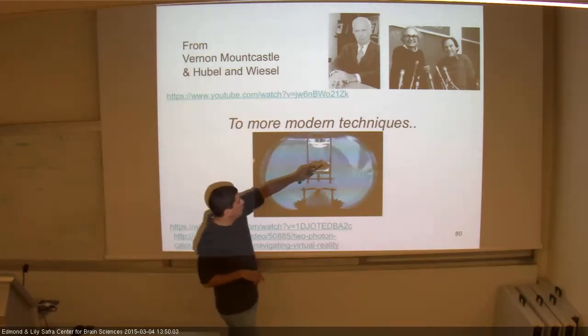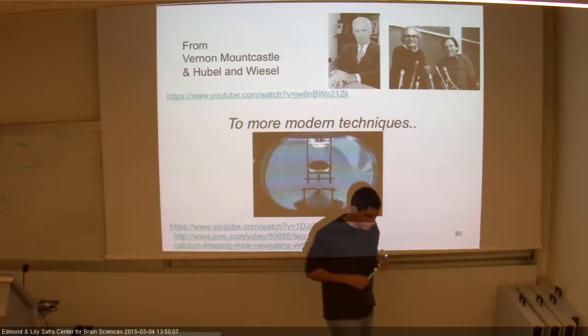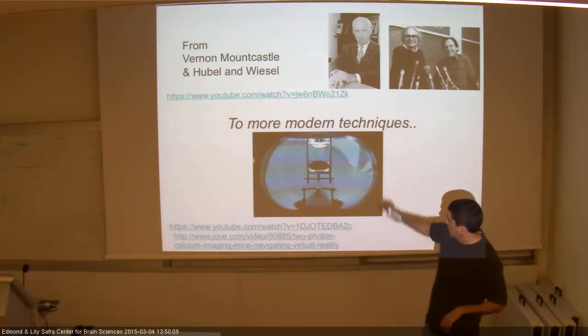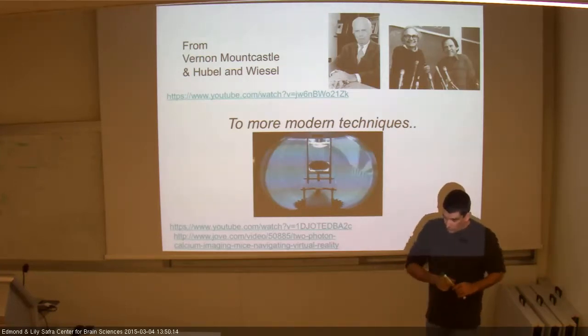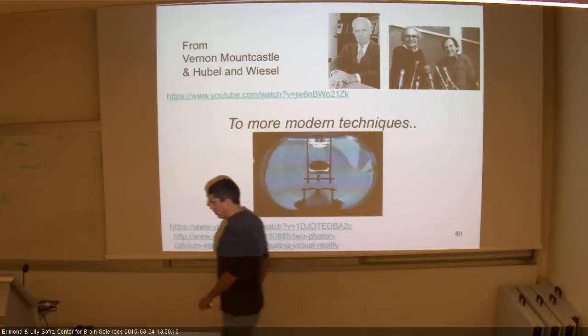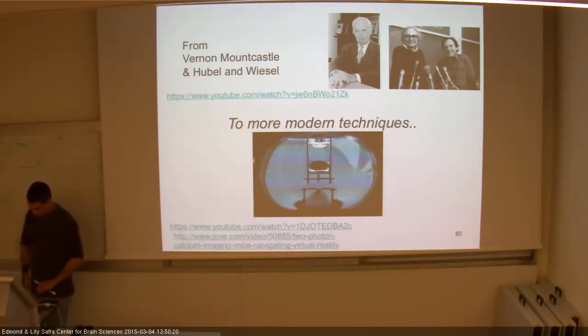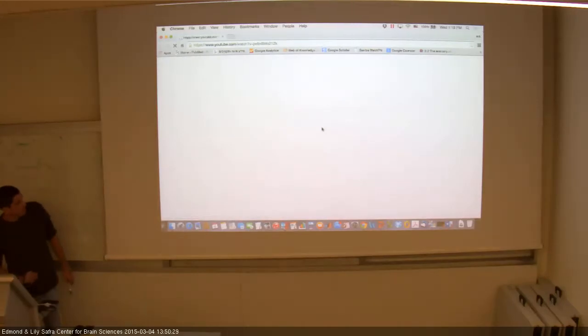Hubel and Wiesel followed in the footsteps of Mountcastle. They started doing experiments in the visual system, and this is classical stuff. In our series of classical papers, you will be requested to look at their papers. It will be part of our exam.